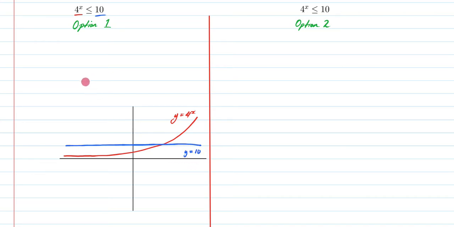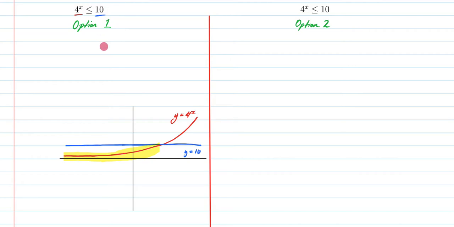Perfect. Now, let's just really consider what this is asking us. It's saying, where is my red line less than or equal to my blue line? Obviously, it's going to be less than when it's underneath it. So I'm looking at this region right here. It stops obviously where they intersect.